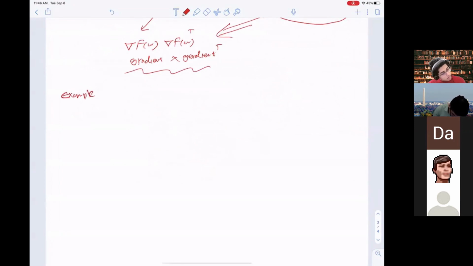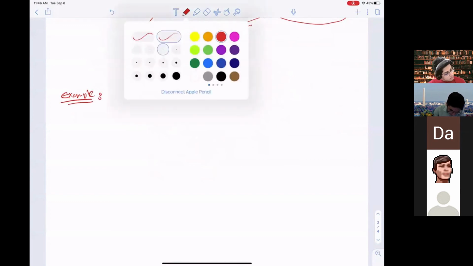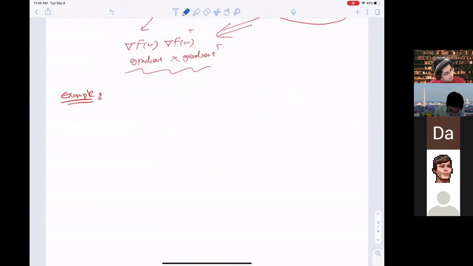Example. Let's consider the simplest example, when we have just one hidden layer. Let's say my input is in one dimension. This is the simplest possible example. I have one hidden layer. The weights are W1, W2 to Wm.